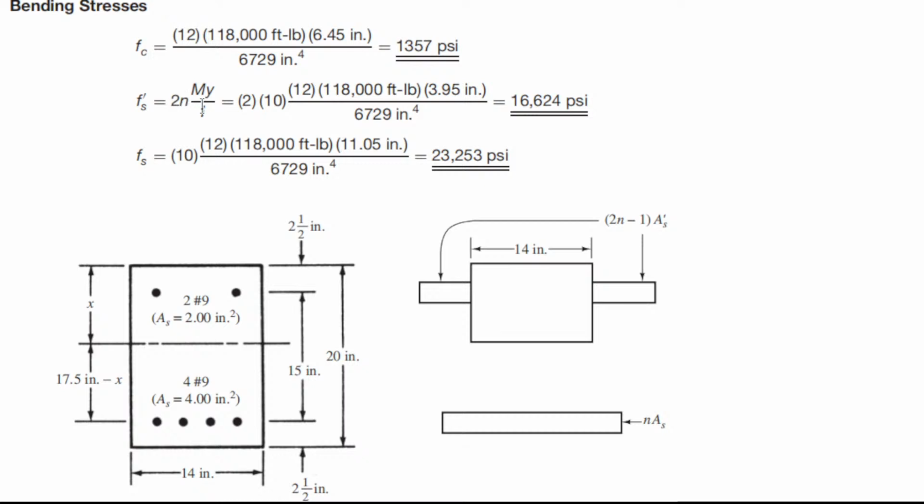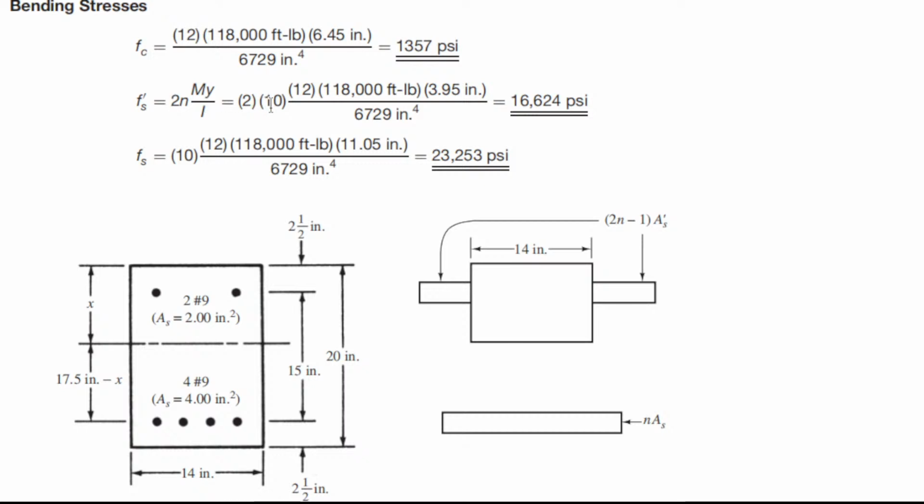The same formula, My over I, we have to multiply by 2n. This is already a formula that we need to follow.